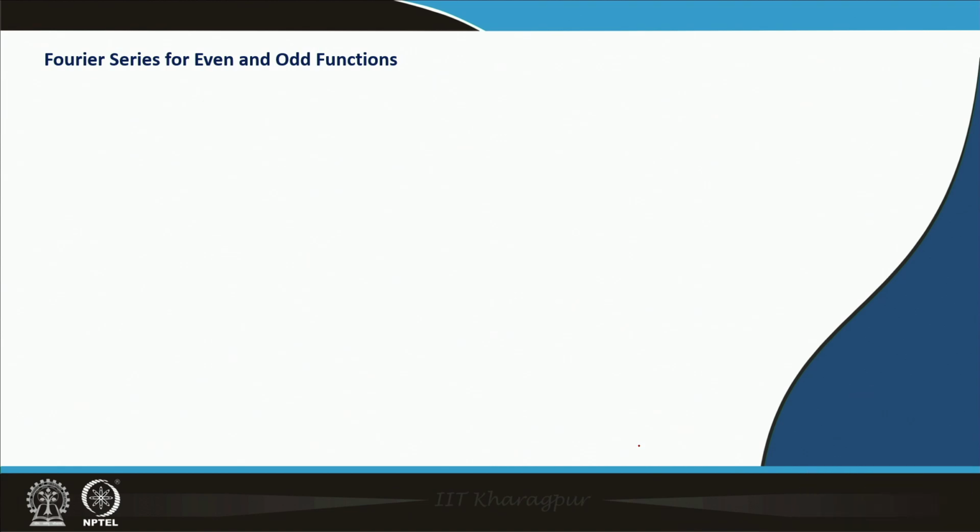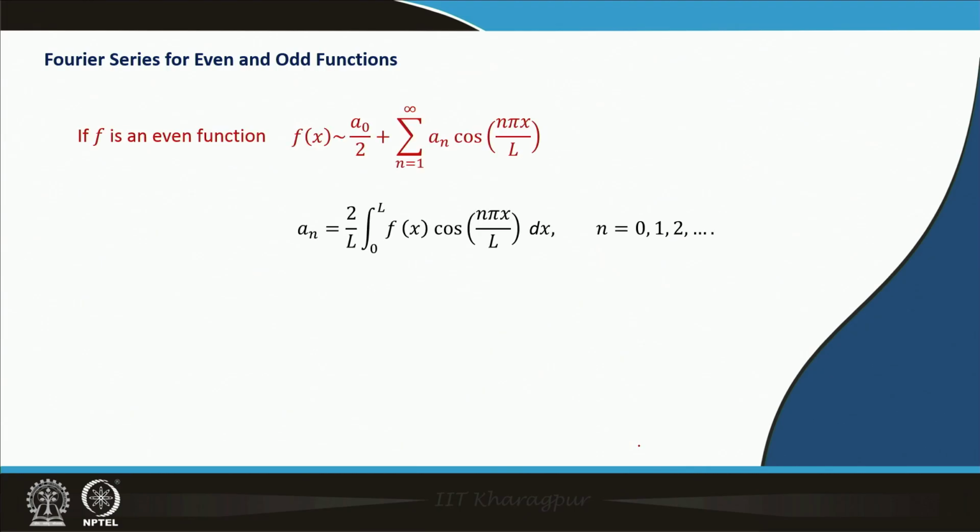So, in the last lecture we have already seen that the Fourier series for even and odd functions can be simplified.